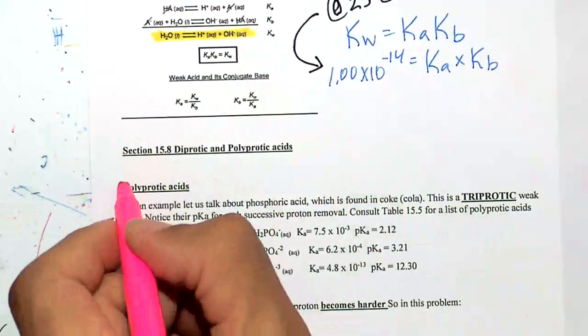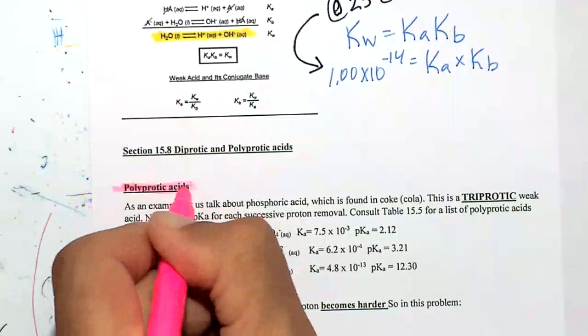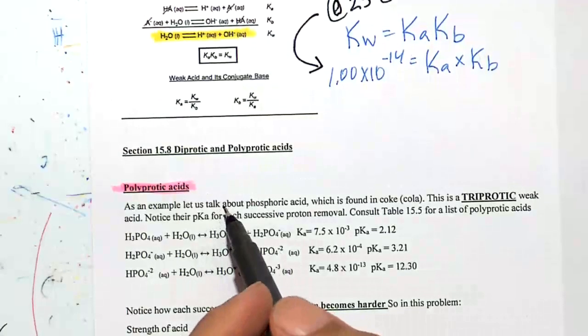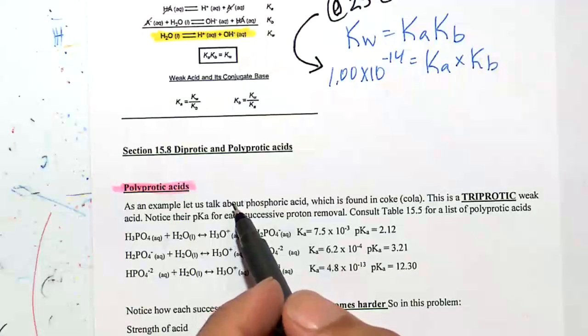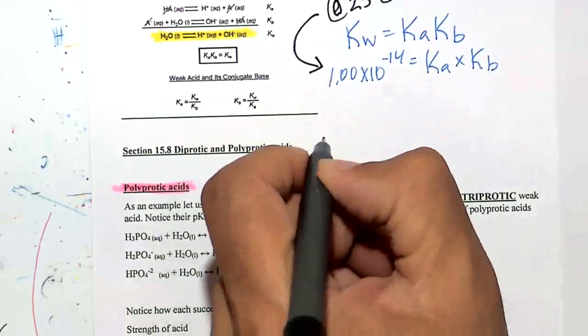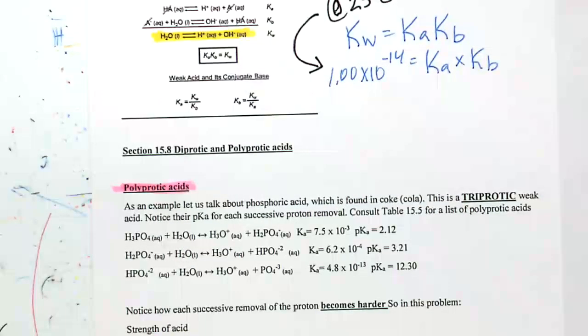Polyprotic acids. What does poly mean? Many. So polyprotic acids give off many protons. We have one polyprotic acid that we talked about, and this is H2SO4. Remember this?